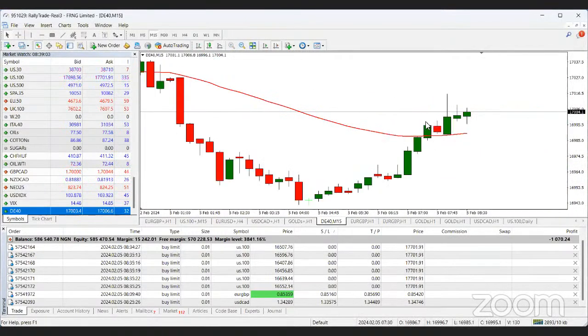I was actually waiting for an arrow to show me, but since the arrow is not showing, I'm not jumping. But I am a very meticulous trader. I can be very patient with my trade. There are 4 things that must come out of your trade every time. Anytime you place a trade, it must result in either of these 4 things. Actually, there are 5, but you can only imagine that it should result in 4.